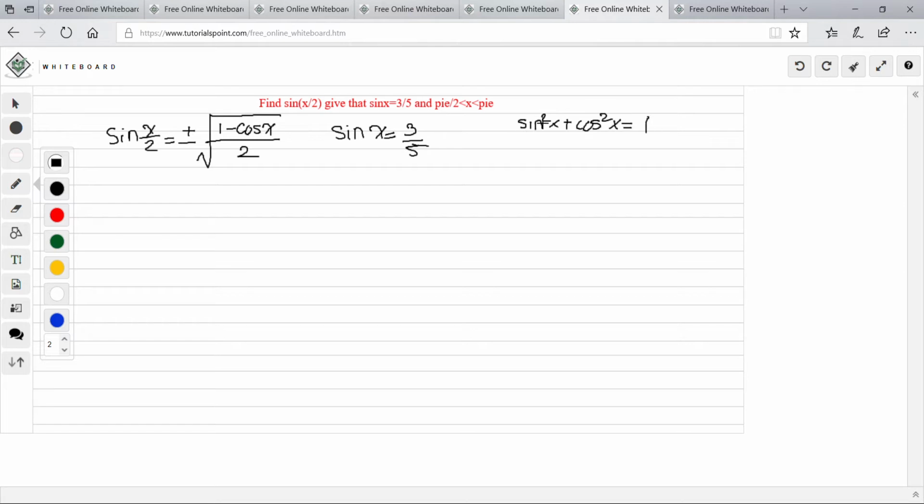So we know our sine is 3/5. If we square that, 3/5 squared is 9 over 25, plus cosine squared x equals 1. And then subtract this.